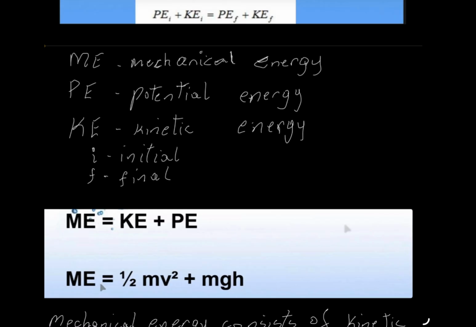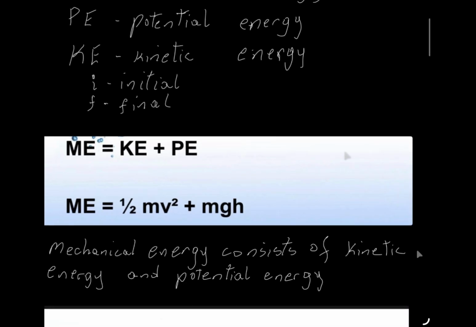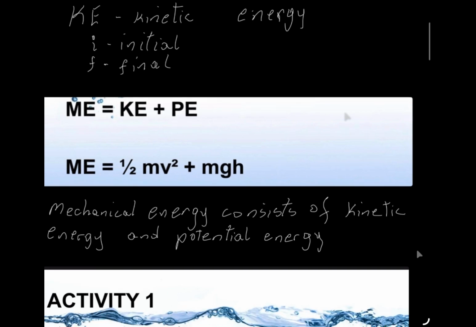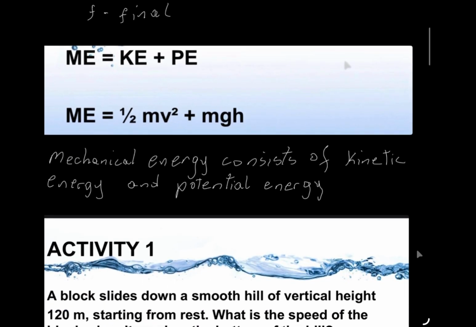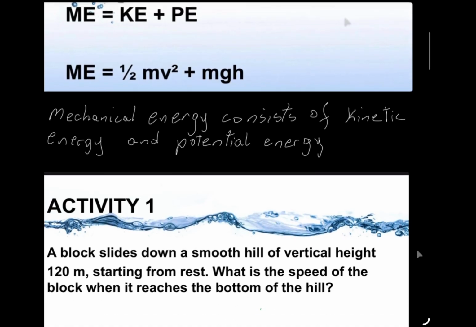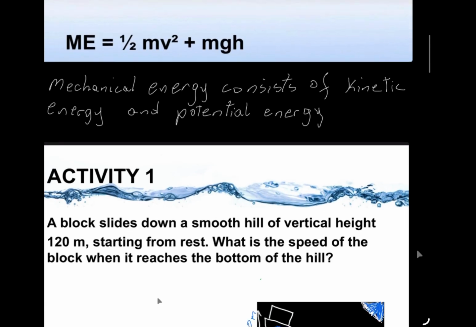So ME is equal to half mv squared plus mgh. Mechanical energy, as we said, consists of kinetic energy and potential energy. Now let's look at some examples on activity which uses these concepts.